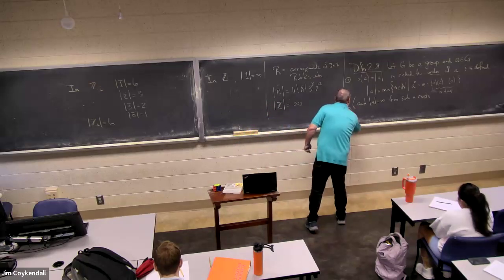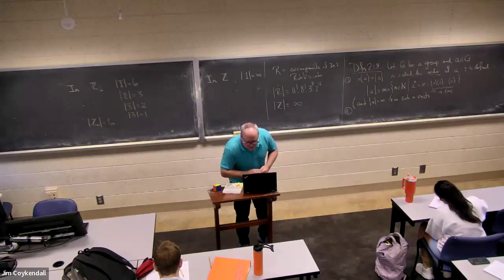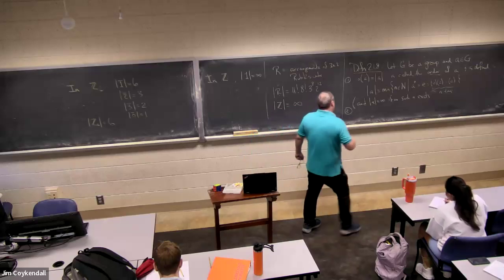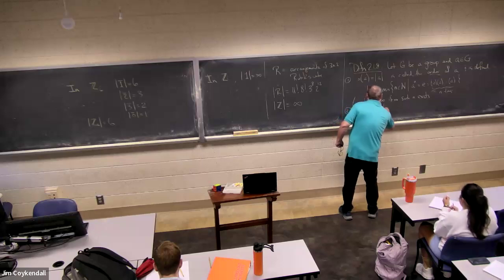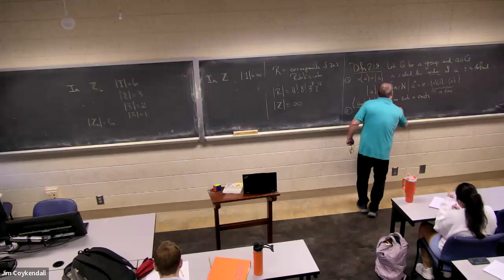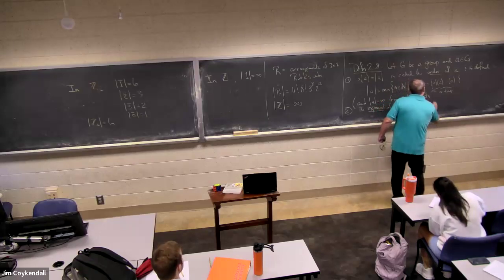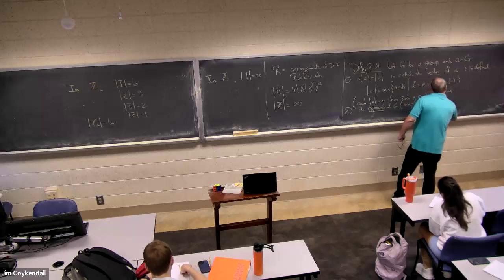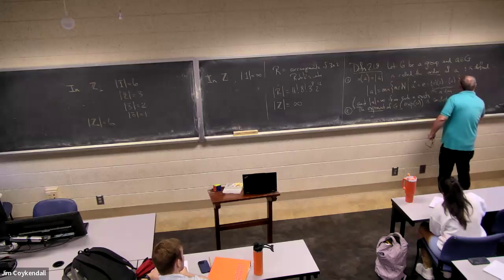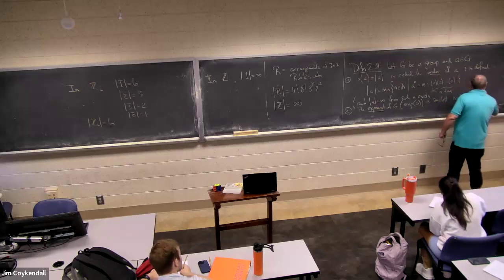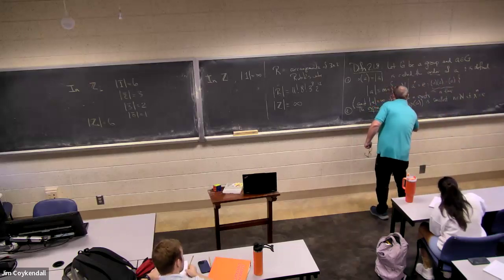Number 2. The exponent of G. I'll use the notation EXP G, the smallest n in the natural numbers such that x to the n is equal to the identity for all x.